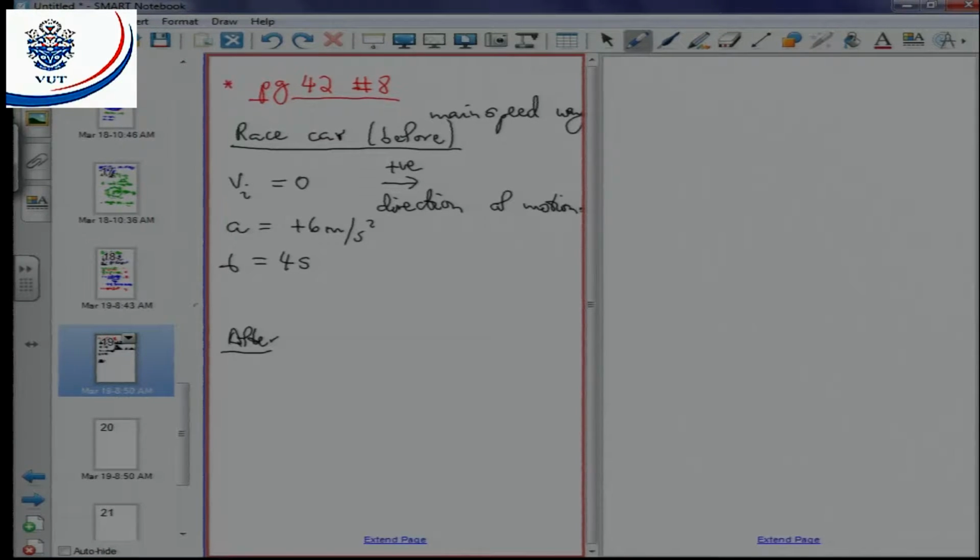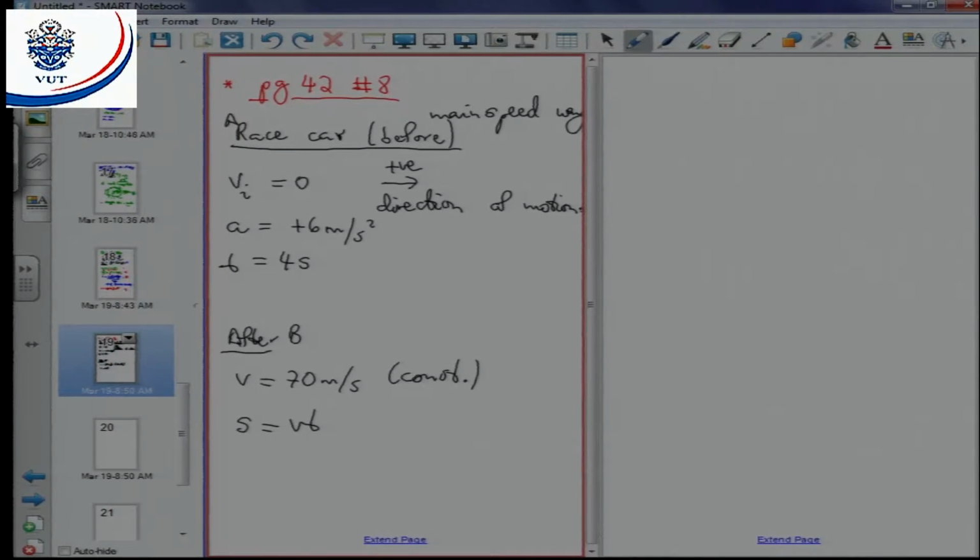At the same instant, another car on the speedway is traveling with a constant speed. So let's call this car A, and after, we have car B. Car B is traveling at V equals 70 meters per second, and it's constant. That means the acceleration is 0, and we can just use S equals Vt.